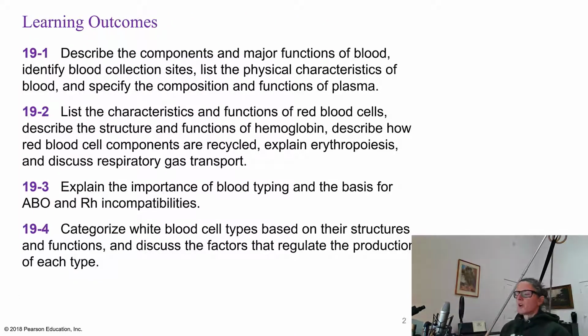So first we're going to talk about the major functions of blood and the components of blood. The components can be broken down into the formed elements, which are things like red blood cells, white blood cells, and platelets, versus the plasma.